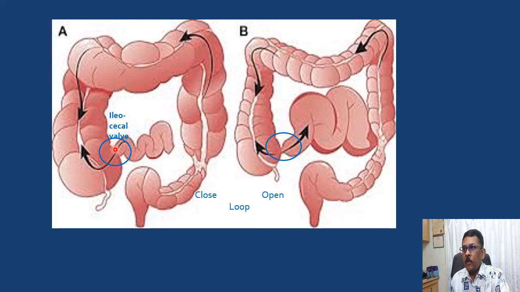The ileocecal valve in this case is competent, that is, closed. As a result, this pressure cannot be released by pushing the contents into the small intestine. So this is a closed loop obstruction where this loop becomes very greatly distended and prone to ischemia and perforation.